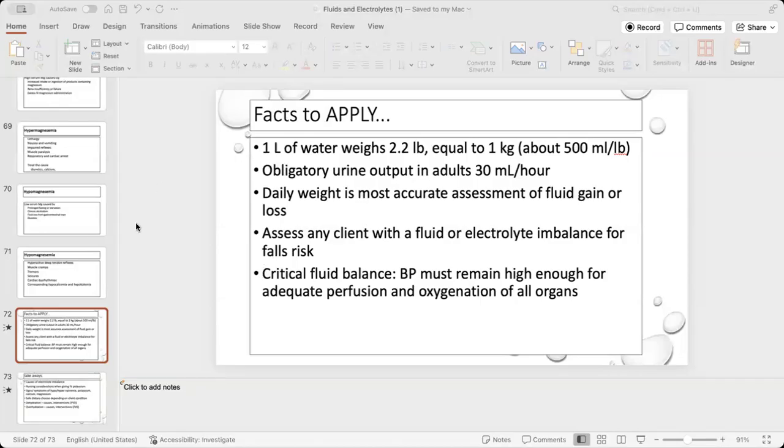Airway, breathing, circulation, right? Why could the patient possibly have increased respiratory rate and shortness of breath? Overload, okay? So it's what type of solution? Hypertonic. Fluid is drawn into the vascular space, right? Okay, good job.